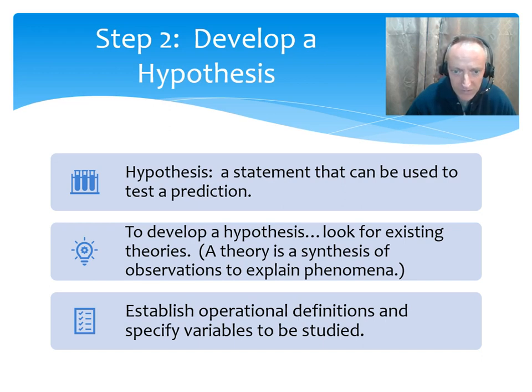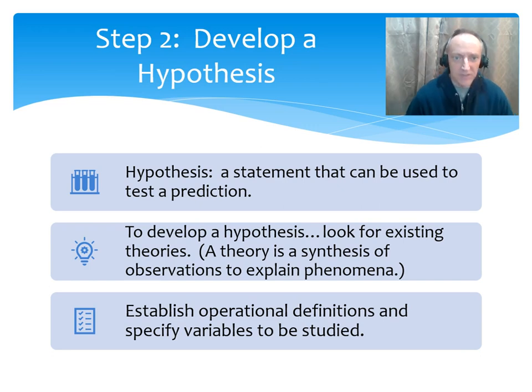A theory is based on a synthesis or a combination of past observations that have been used to explain something. At this level, in addition to developing your hypothesis, you're going to establish what's known as operational definitions. That means you are going to spell out very clearly what it is you're interested in, what you're looking for.